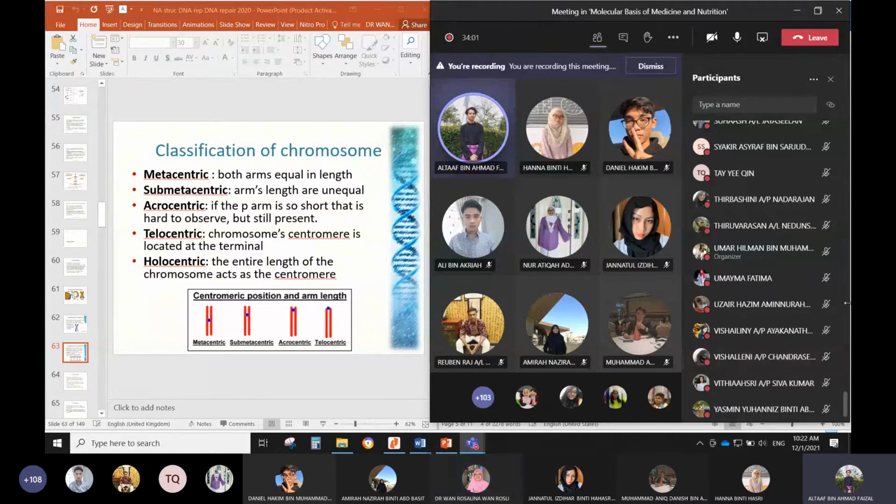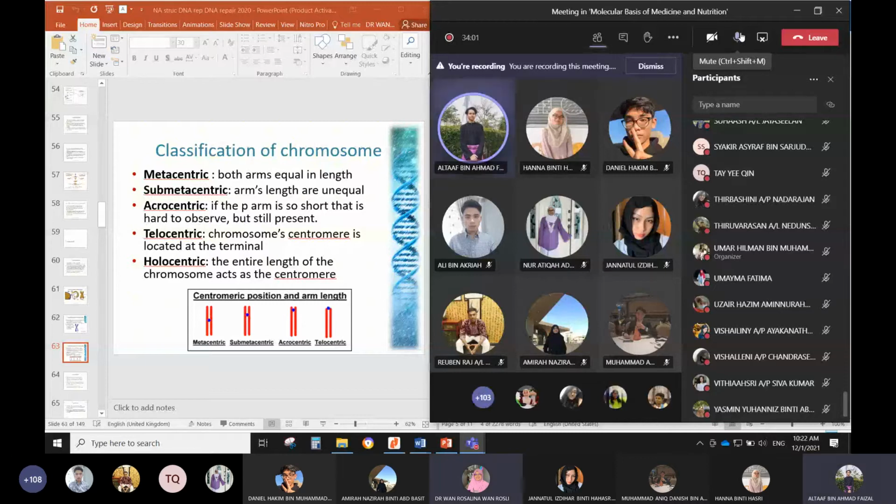Then telocentric, where the centromere is located at the terminal end. And then holocentric, where the entire length of the chromosome acts as the centromere. That is all. Thank you, Altaf.